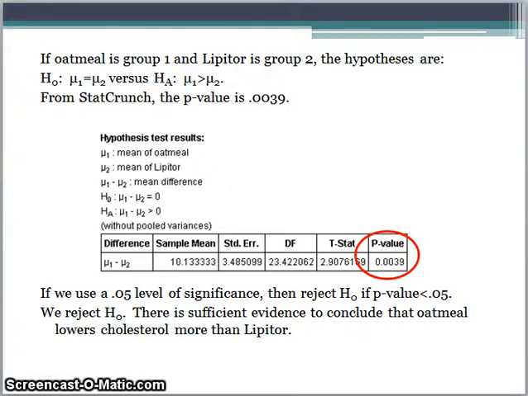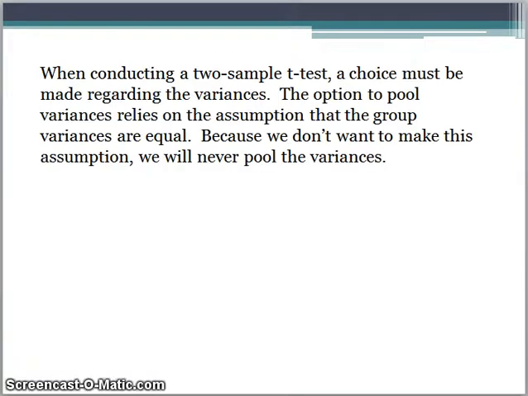There's one other thing I need to mention here. If you see this here, it talks about there's an option for pooled variances. When you're doing a two-sample t-test, there's always the option for whether you want to pool variances or not.